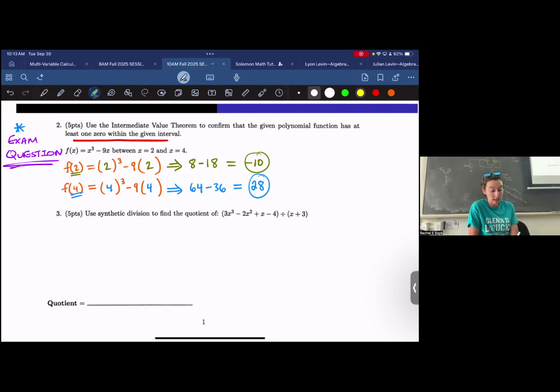So what does this tell us? We have a negative sign and we have a positive sign.